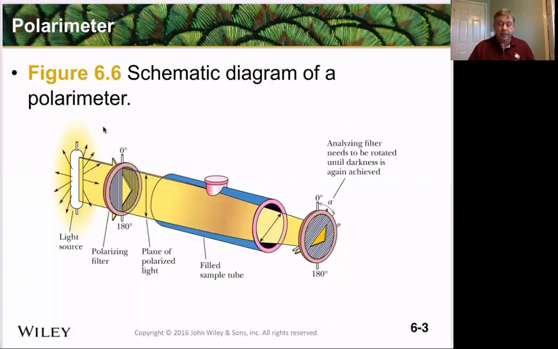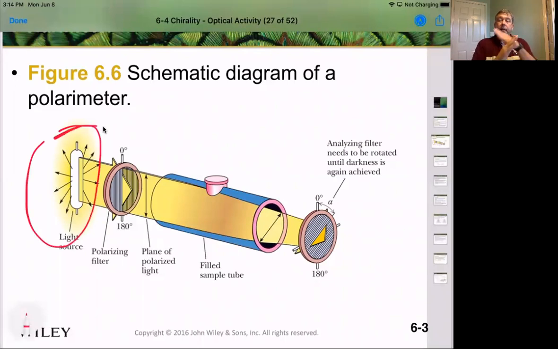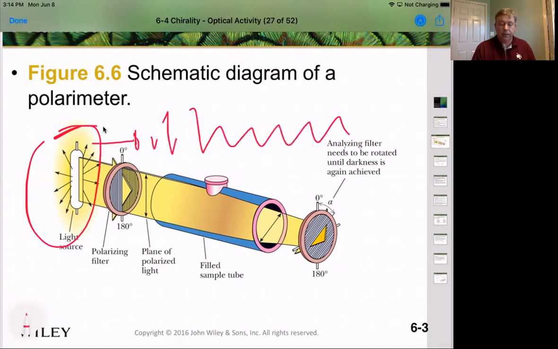So the device itself starts out with something like this. We have a light source that generates light, and when it generates that light, all those different planes are going in all the different directions. And then we filter that light such that they're all going in the same direction. That wave is all coming in that one plane right here. And then we fill the sample tube with our compound here.